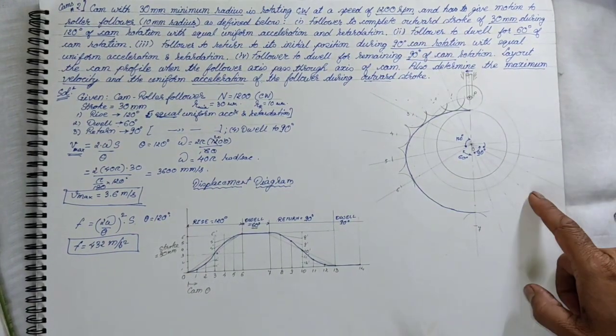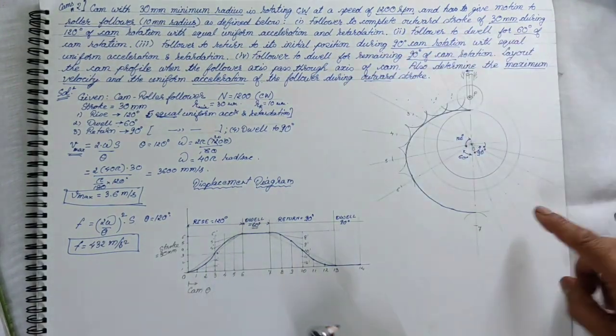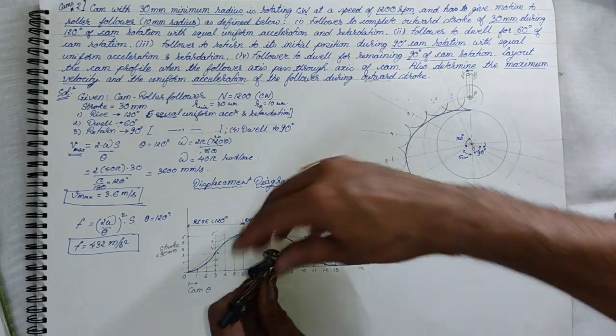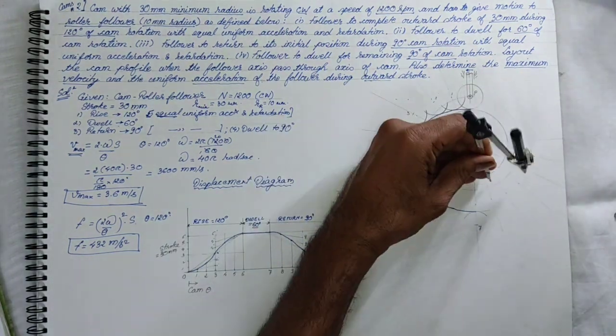I have drawn the line of actions for the return, and from the trace circle again for 8, 9, 10 and so on, we will mark.